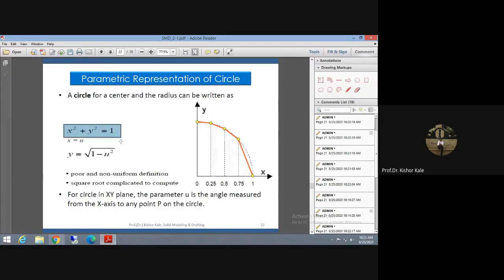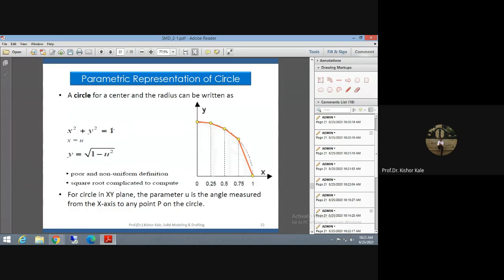One unit, correct. This is actually x square plus y square equals c square. As it is 1, the square root of 1 square will be 1 only. So 1 is the radius of the circle.